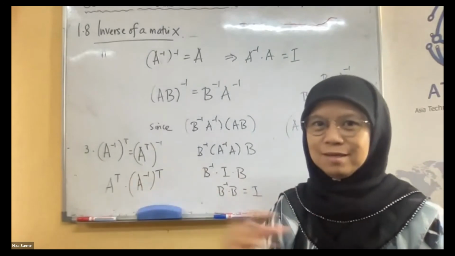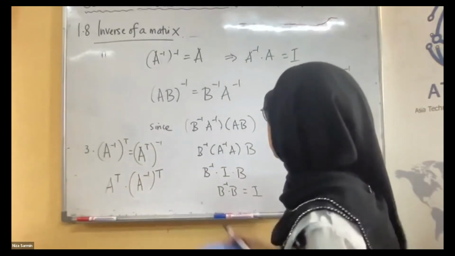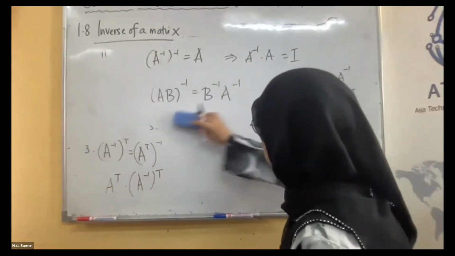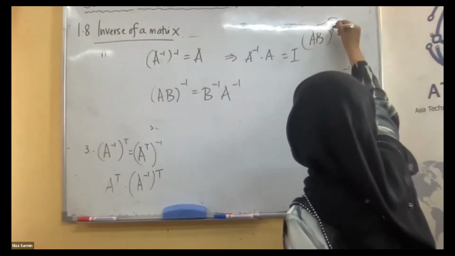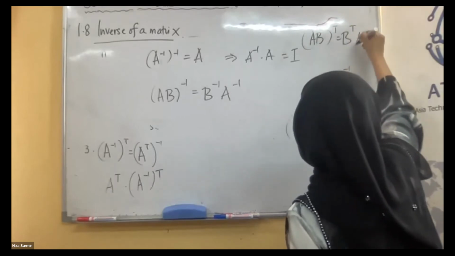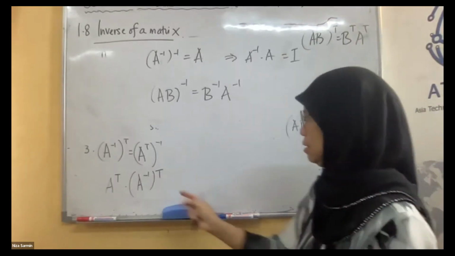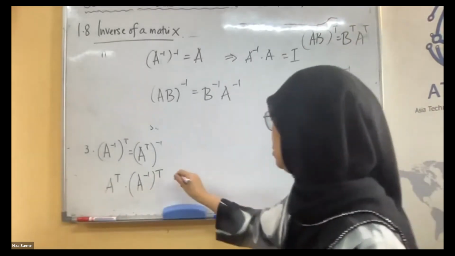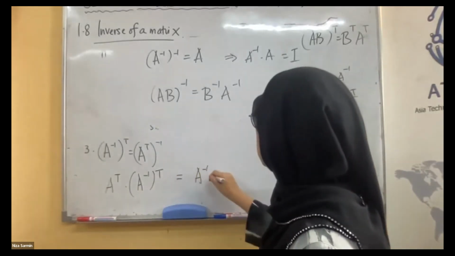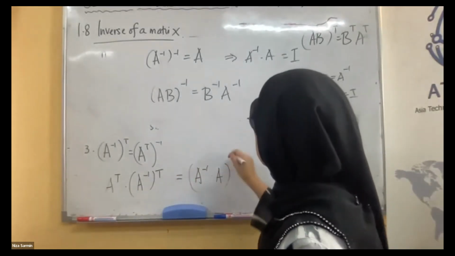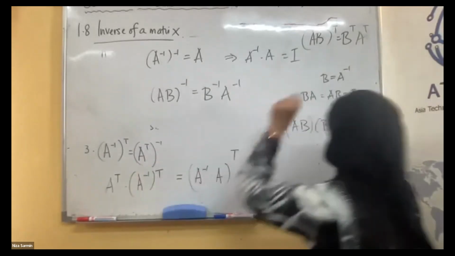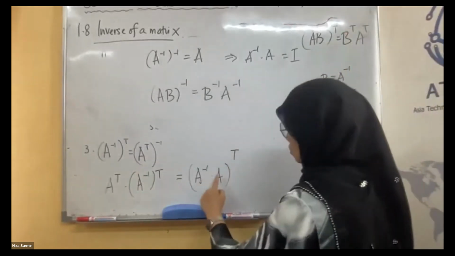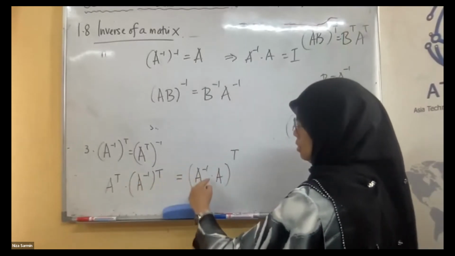You can take the transpose out using the formula (AB) transpose is B transpose A transpose. Then this is to go back, so this is (A inverse A) transpose.